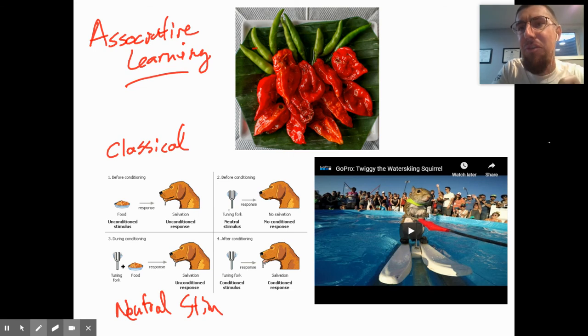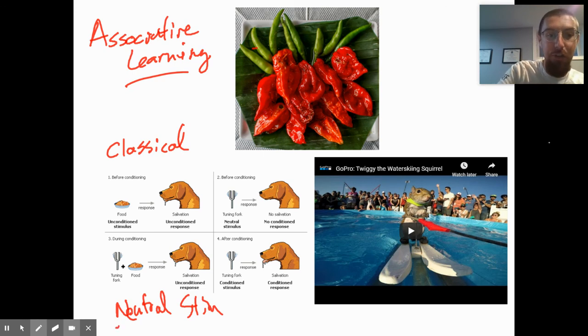He then would start ringing a bell or a tuning fork before feeding the dog. He'd ring the tuning fork, bring out the food, and the dog would eat the food and salivate. As soon as he started conditioning the dog to note that this tuning fork meant food was coming, he could tune the fork and have the dog salivate even though there was no food in front of him.